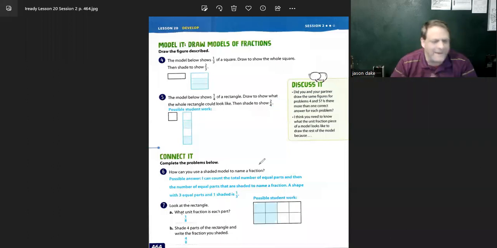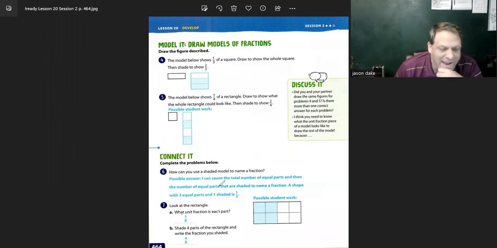All right, connect it. Complete the problems below. Number 6. How can you use a shaded model to name a fraction? Well, I can count the total number of equal parts and then the number of equal parts that are shaded to name a fraction.